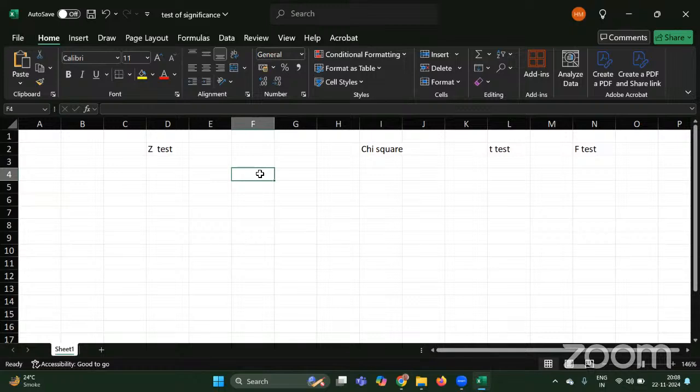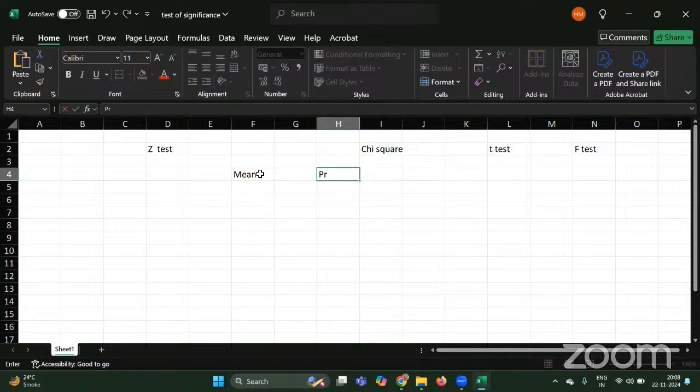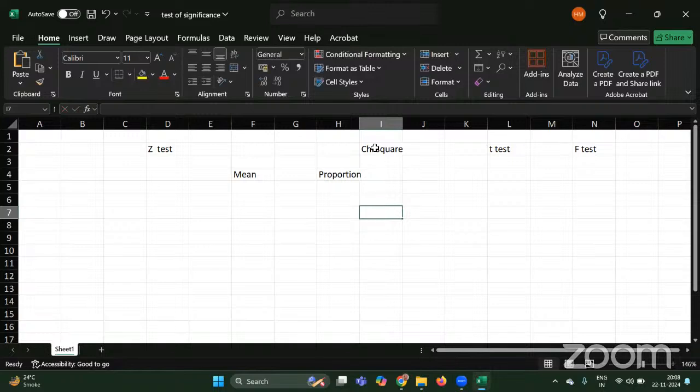So first you need to decide which type your variable is. For example, we have a variable from which we can find a mean, and a variable from which we can find a proportion. In this file, if you save it, 80 to 90% will fall in this category.